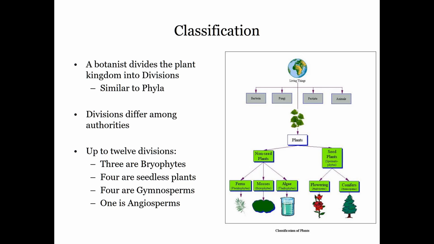These would be kind of the lowest level of classification here in this image. These divisions include up to 3 that are bryophytes, and we'll talk about what those are. There are at least 4 that are seedless plants, 4 that are gymnosperms, and 1 division that is angiosperms. So at the broadest level of plant taxonomy, you've got those different kinds of groups.